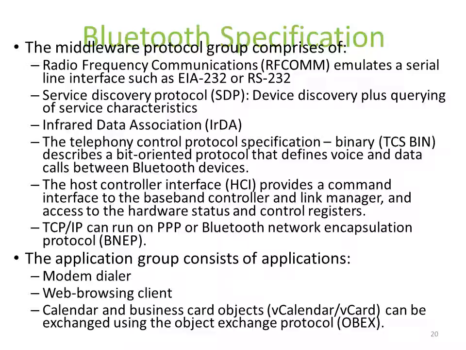Bluetooth can also work based on services like the service discovery protocol or infrared data association. Based on this, the entire Bluetooth application consists of different types of applications. It may be a modem dialer or a web browsing client.